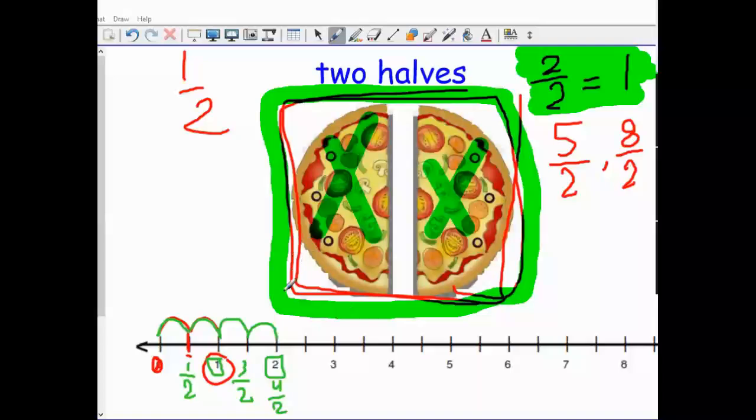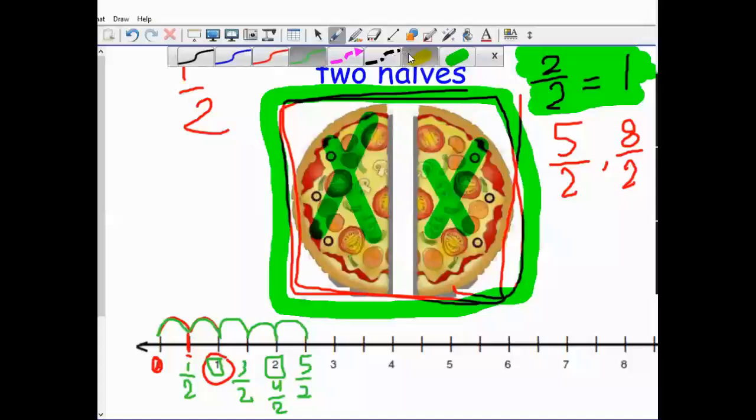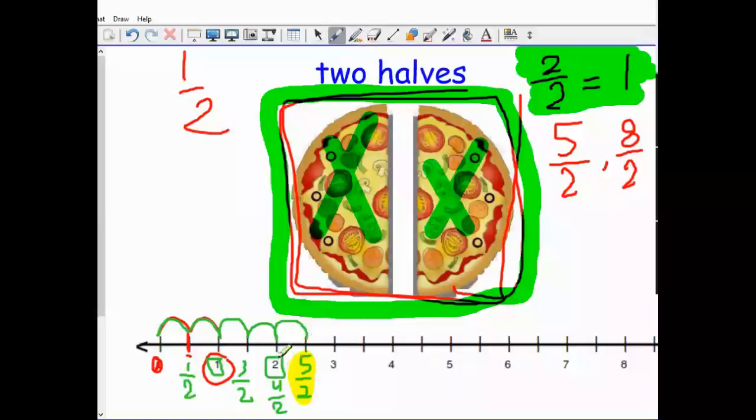Let's complete counting by halves. After 4 halves, 5 halves. I want you to look carefully here at 5 halves. 5 halves is in the half distance between 2 and 3. Please take care of this point. 5 halves is halfway between 2 and 3.